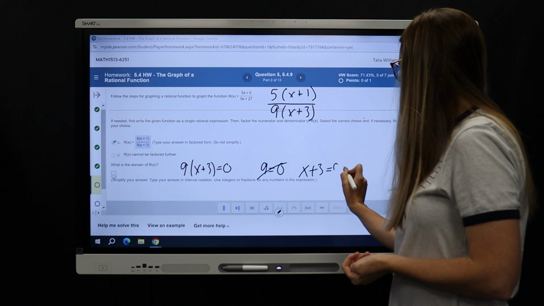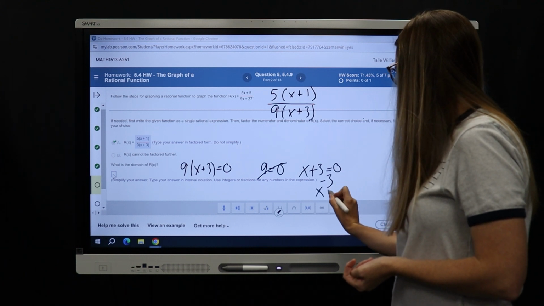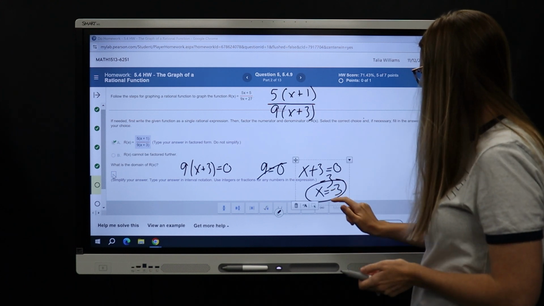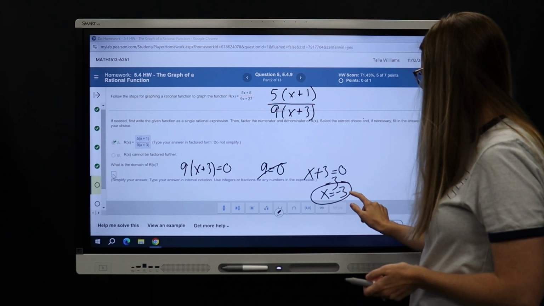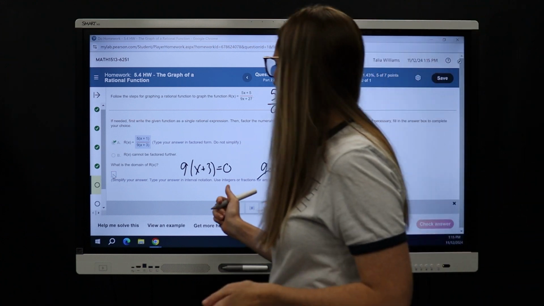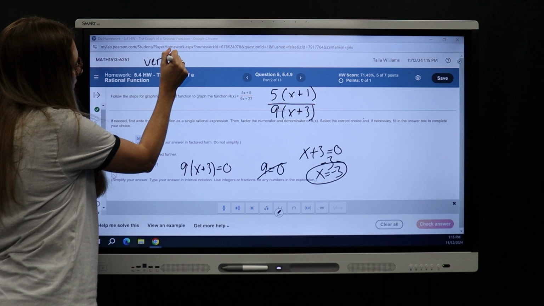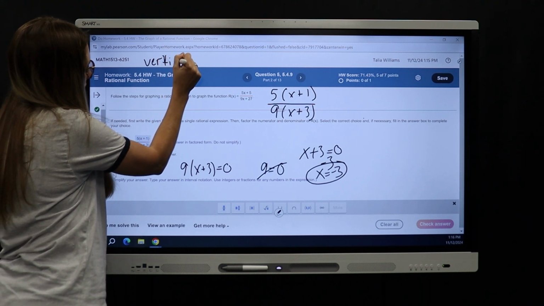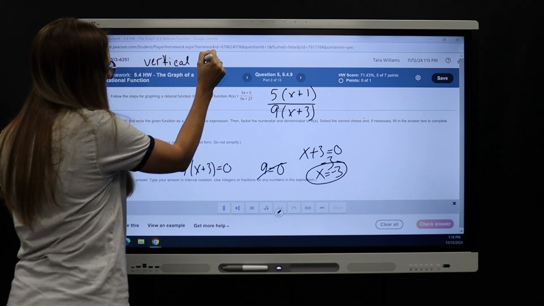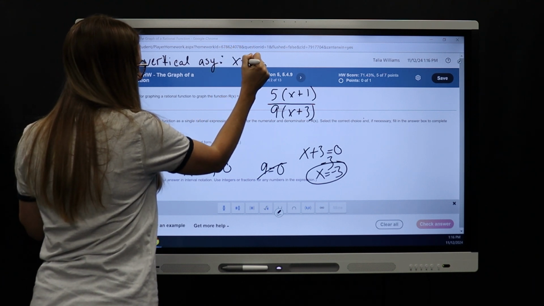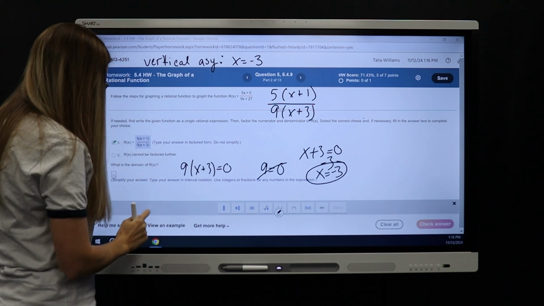X plus 3 equals 0, so x equals negative 3. This is also our asymptote. So our vertical asymptote, because we're going to need this later, is x equals -3.